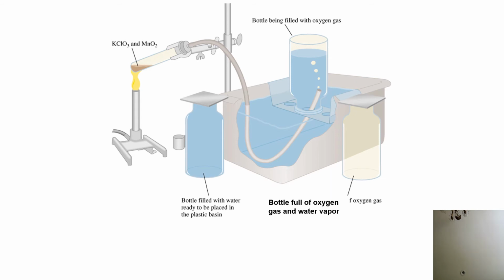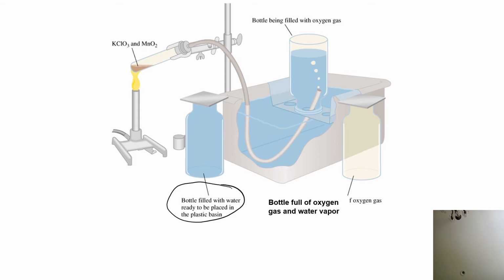So you have a bottle that's filled with water, and it's inverted in a tub of water. A hose connects a test tube that, this isn't the reaction 1020 does, but it is a reaction that produces oxygen gas.